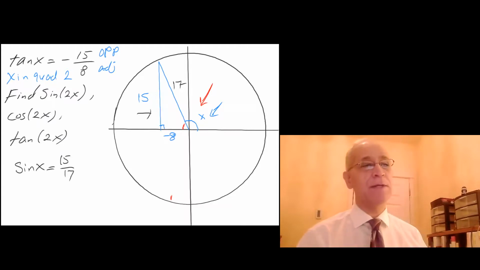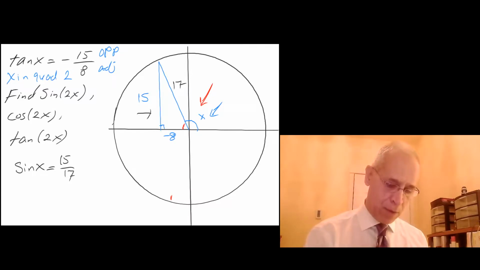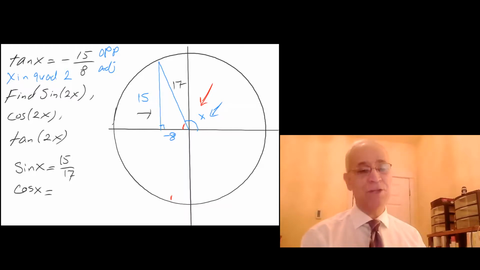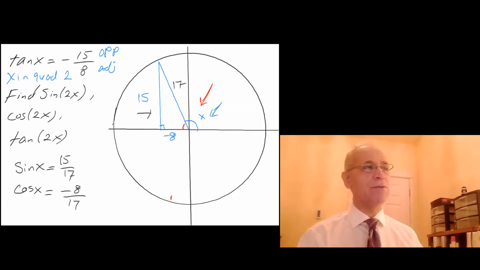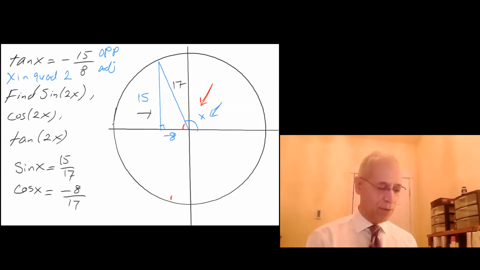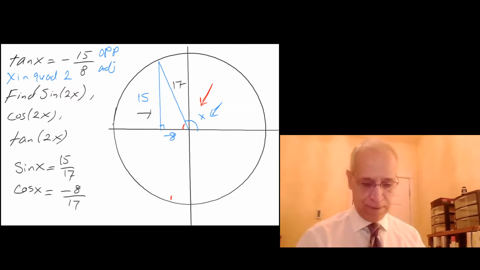I'm not surprised, since I'm in quadrant 2 and sine is positive. Cosine of x equals adjacent over hypotenuse, so minus 8 over 17, and tangent of x is given to us as negative 15 over 8. Let me go to the next page.